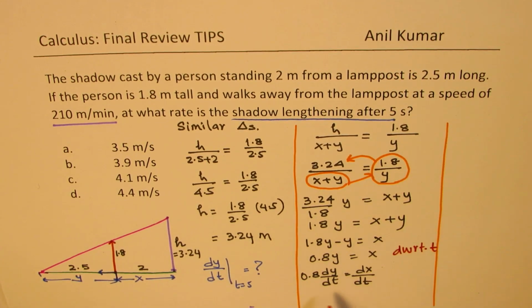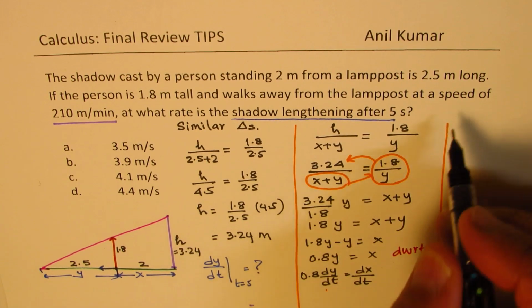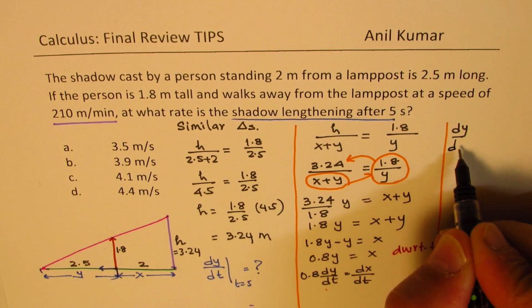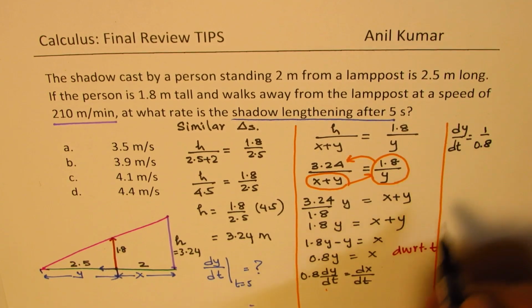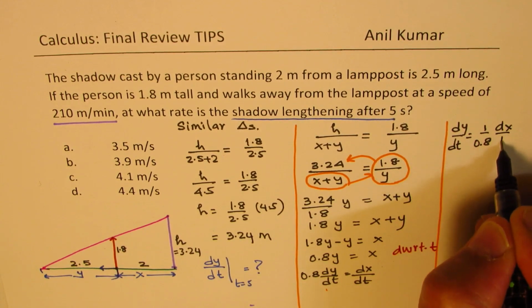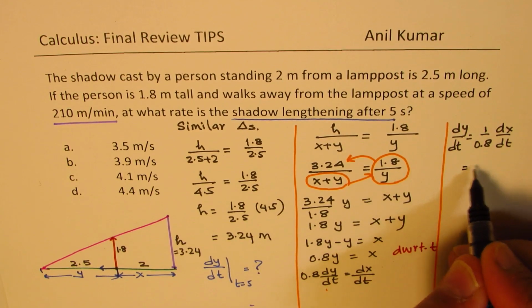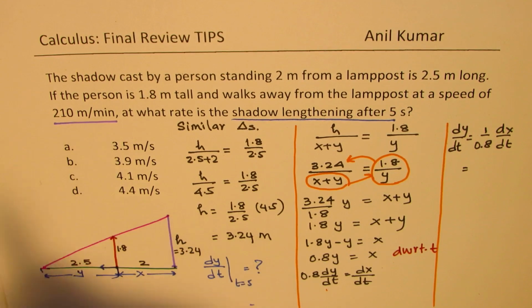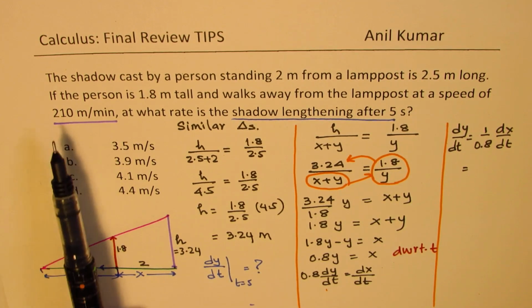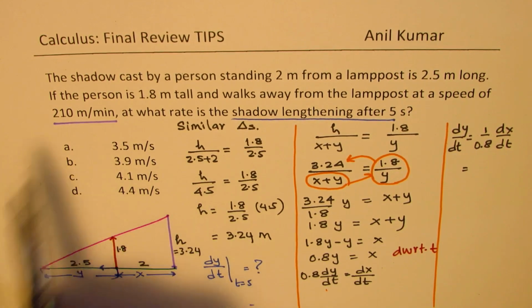So basically what we get from here is dy/dt is 1 over 0.8 times dx/dt. Correct? So any time, whether it's t is 5 or whatever, dx/dt is known to us, which is 210 meters per minute. So let's convert this to meters per second. That is very important.